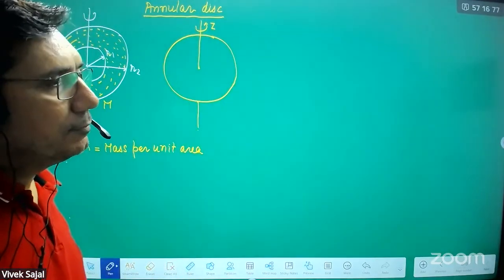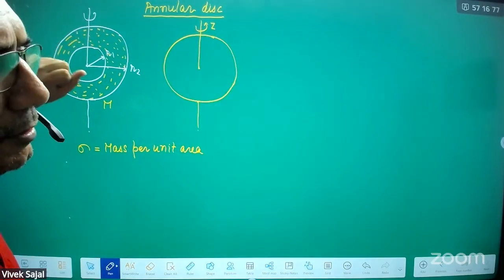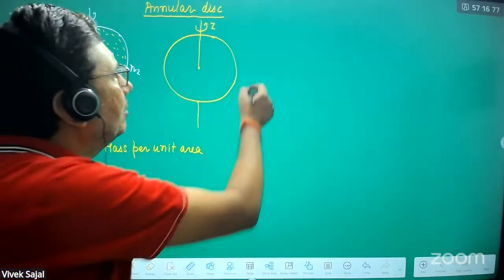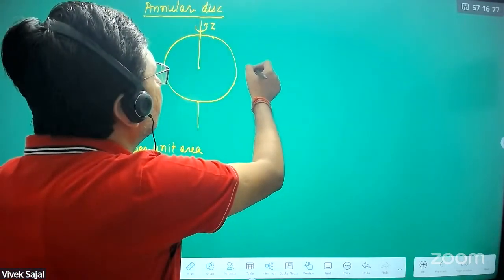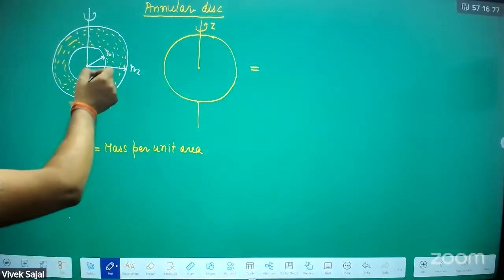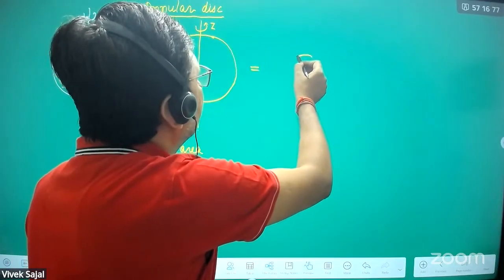Now this is a disk and I want to remove this part from here. So I can consider that this disk is made up of two parts. ये जो disk है ना, ये दो parts से मिलके बनी है. One, this inner part whose radius is R1. So I'm drawing here this inner part.